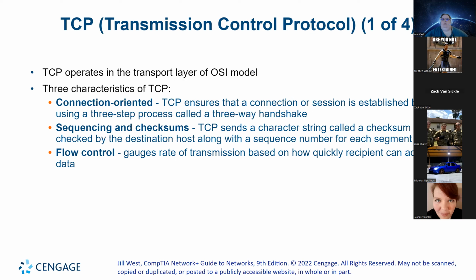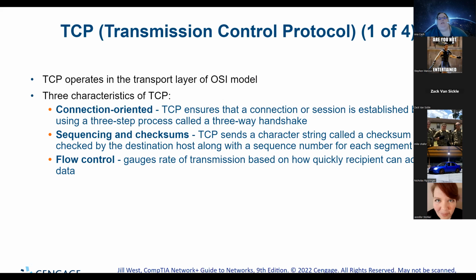Okay, Transmission Control Protocol. TCP operates in the transport layer of the OSI model. The three characteristics: connection-oriented, sequencing and checksums, and flow control. Connection-oriented: TCP ensures that a connection or session is established by using a three-step process, called a three-way handshake.